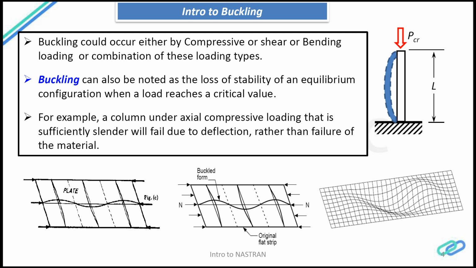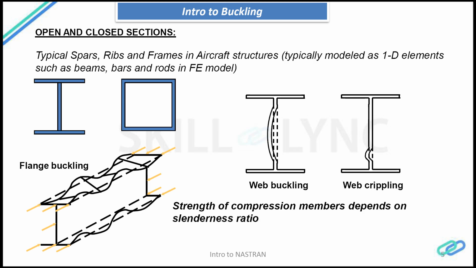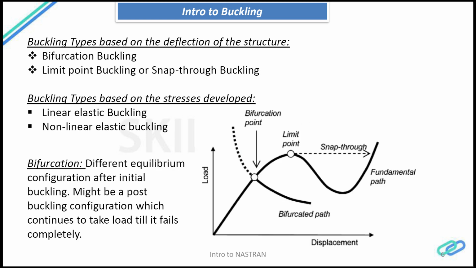We also saw the variations of the buckled form, how the waveform occurs in the plate, and also in the column. And then I was also speaking to you on the behavior of different cross sections, open and closed cross sections, under the influence of the buckling load.